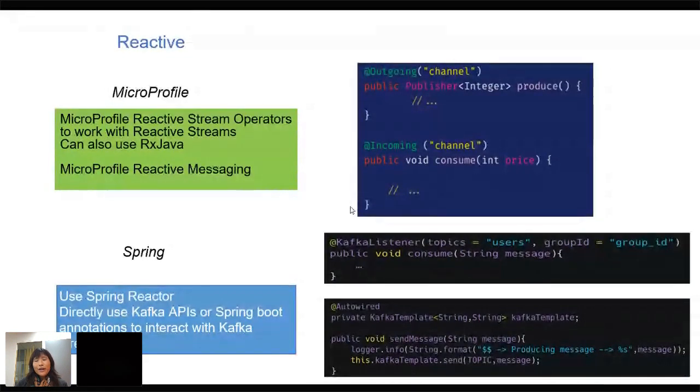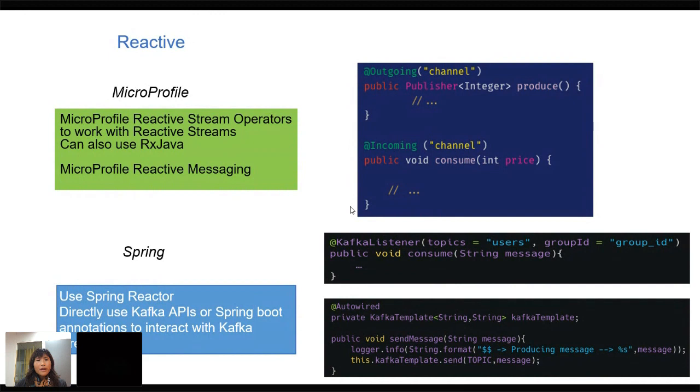So in this example, with outgoing, I push a message to a channel called channel, and then with incoming, I directly consume messages from this channel. However, where this channel lives, you can directly configure in your microservice application. It could be Kafka, or it could be ActiveMQ or MQTT, and so on. So this is MicroProfile reactive.